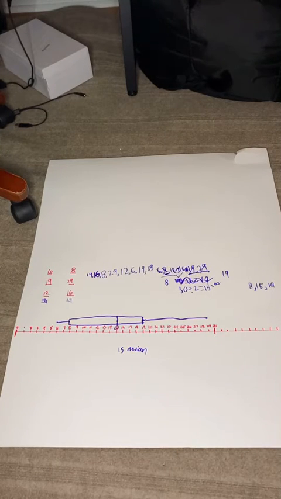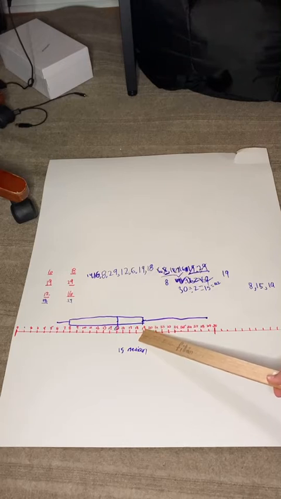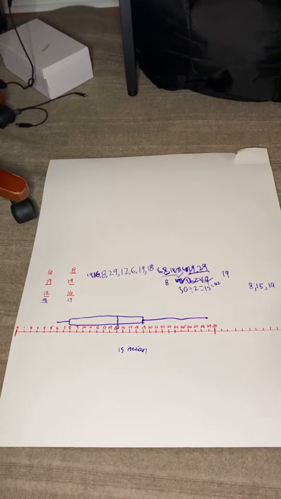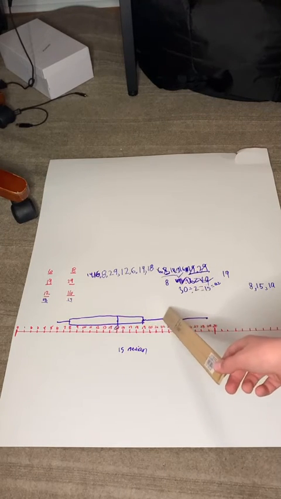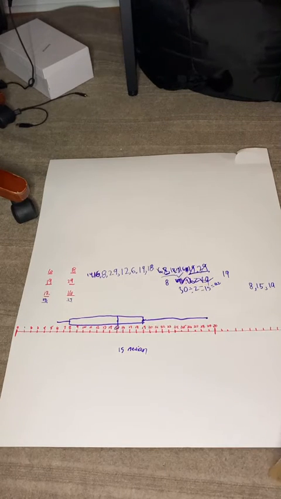Then, quartile 3 is 19, so we put it on the 19, and then the greatest extreme is 29. So I have 4 dots, but you may not see that. Actually, no, we have 5 dots.